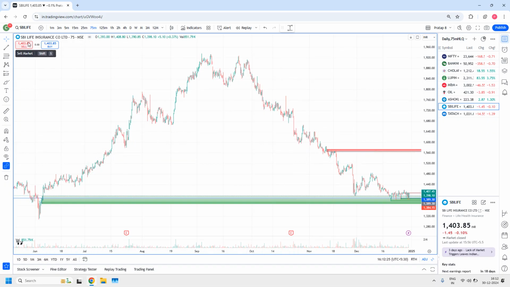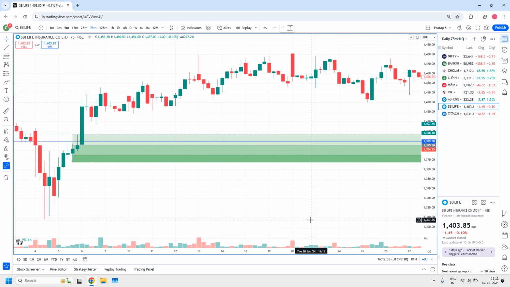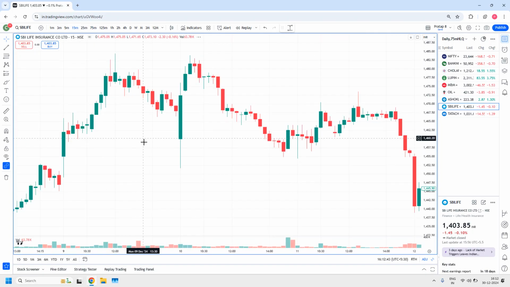The first one is SBI Life. This is a 75 minutes high liquidity demand zone. See here we have a rally, 3 base candles and a rally. So this is what identified by our software. And this one we fine tuned with 15 minutes time frame.